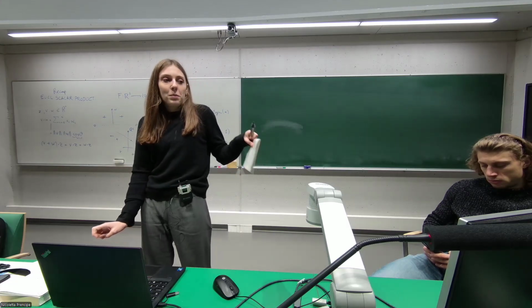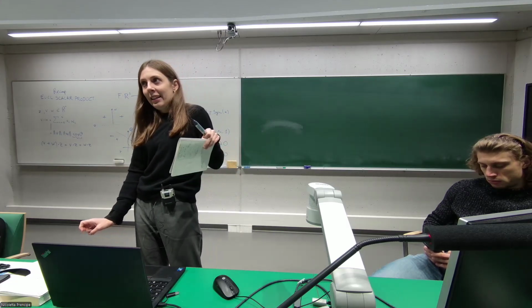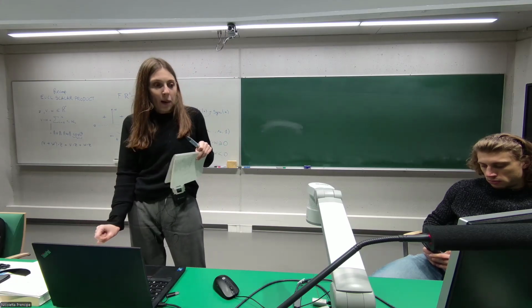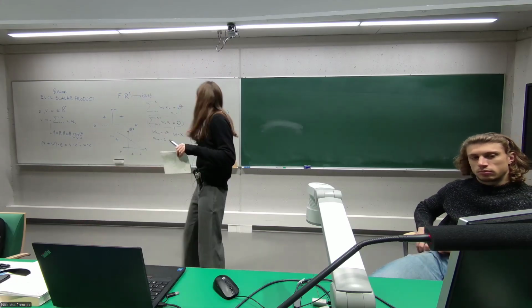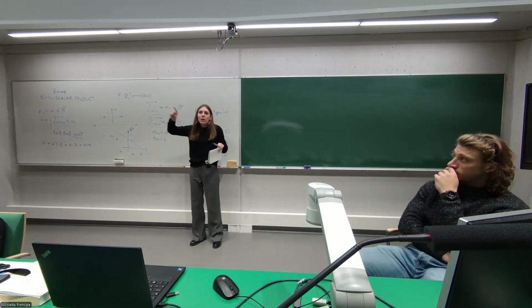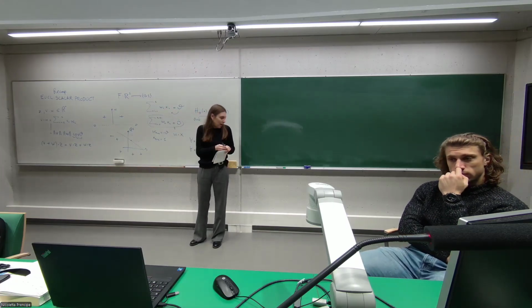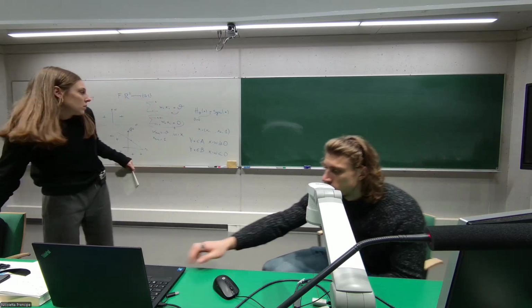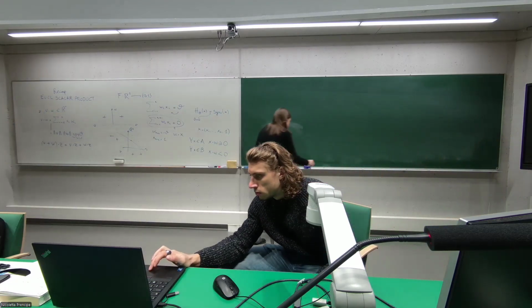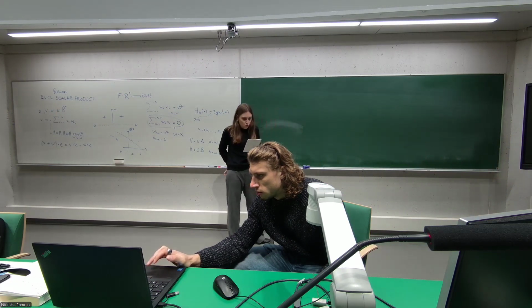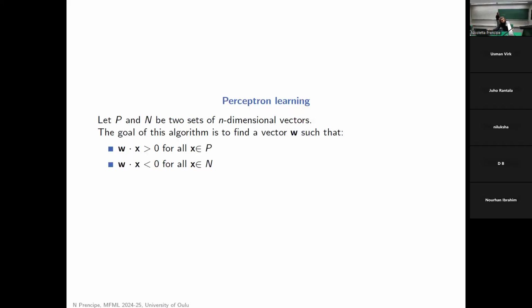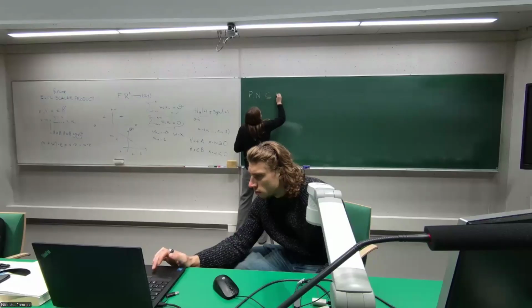Now we assume that P and N are in the non-extended case, so we have the threshold, and we are in dimension n. So P and N are two sets of n-dimensional vectors, both subsets of Rn.